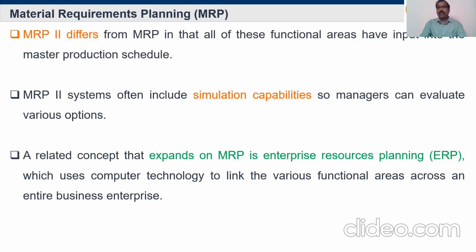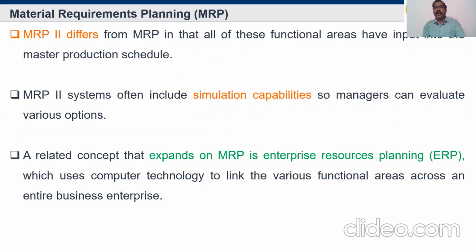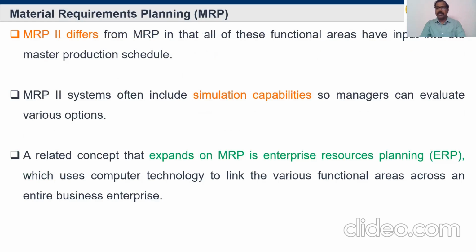The functional areas like accounting, engineering, human resources, or finance all have input, which is also included in the master production schedule. But in general MRP, it doesn't have this. In manufacturing resource planning, that is MRP2, all these functional areas have input, and that input is given to the master production schedule.